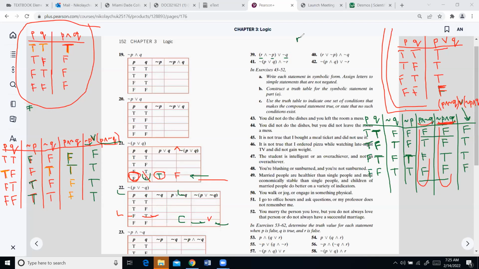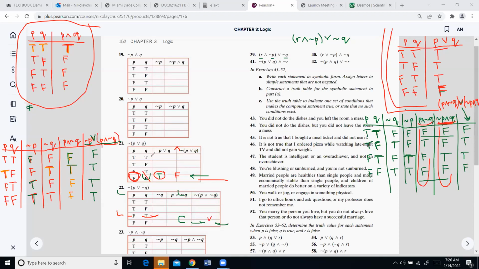So it's R and not P or not Q, right? Not Q. I wrote it in such a way that it's hard to understand, so let me rewrite. So not Q. Okay, that's better.